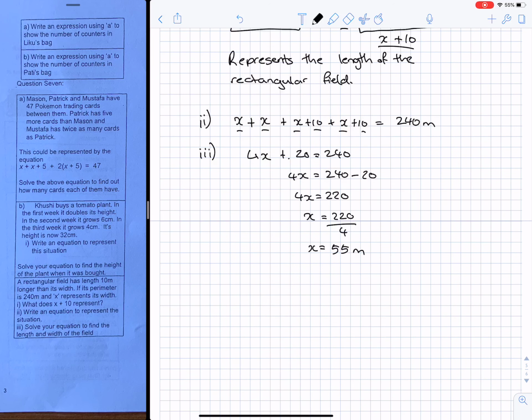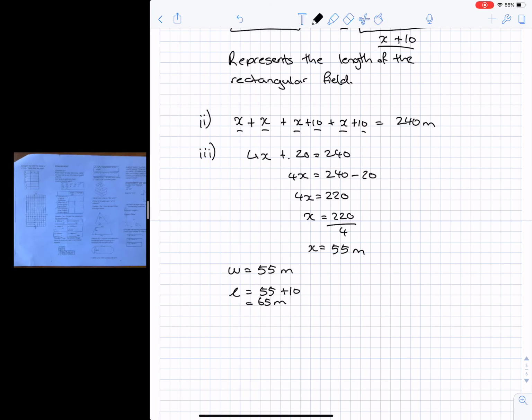So you know that the width equals 55 meters and the length equals 55 plus 10, which equals 65 meters.